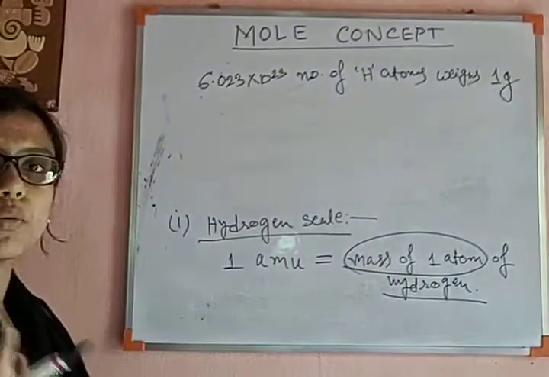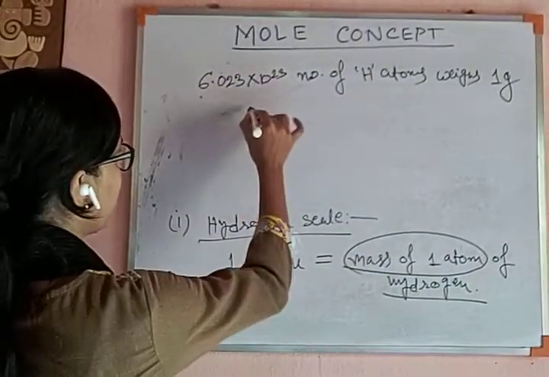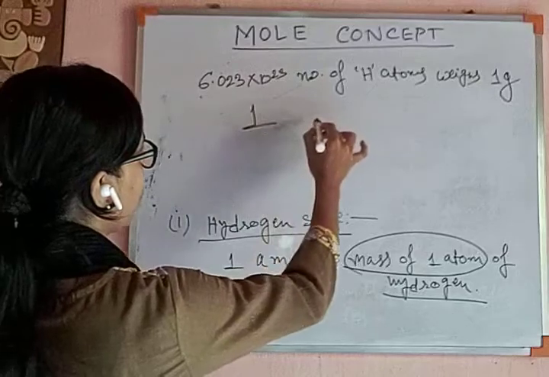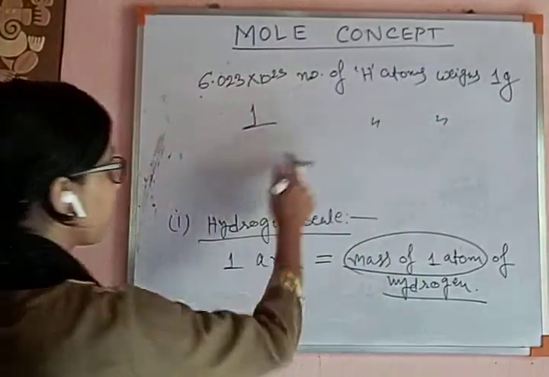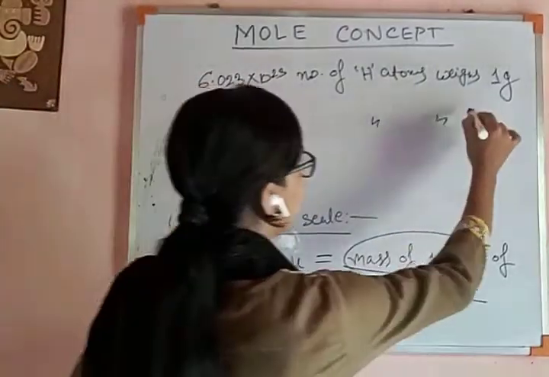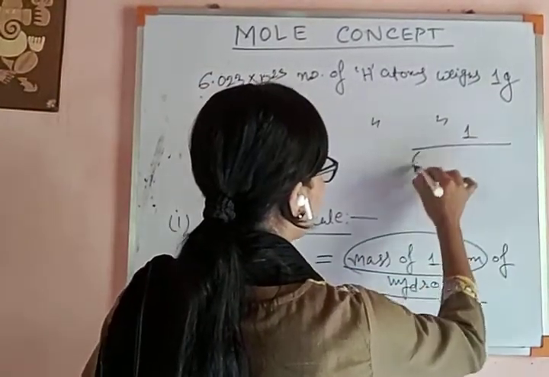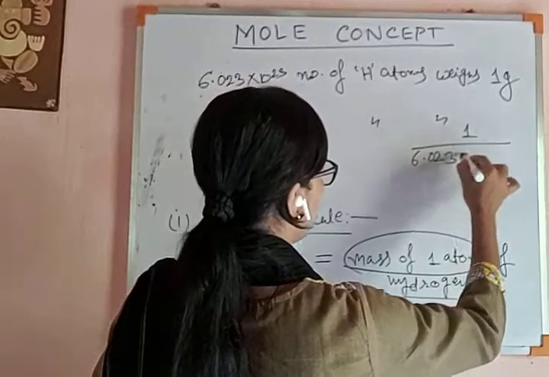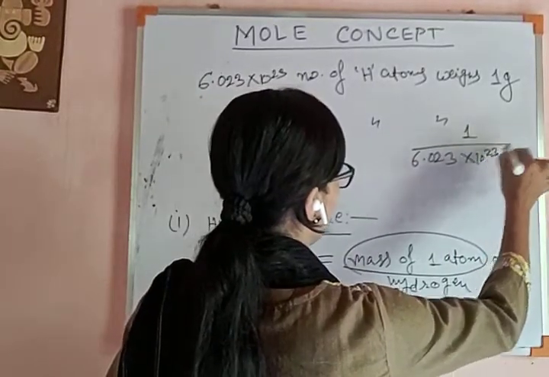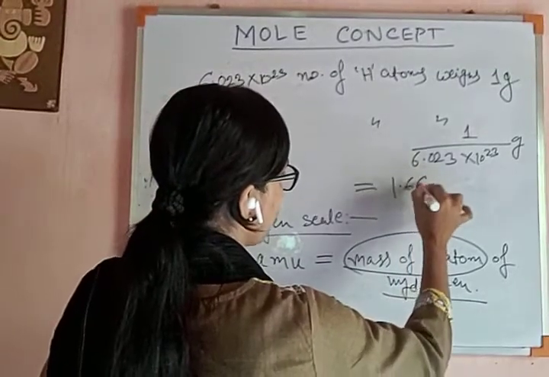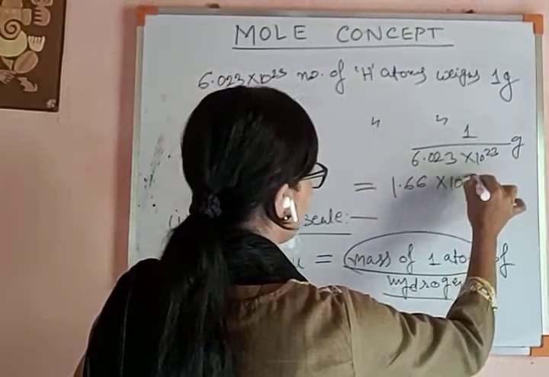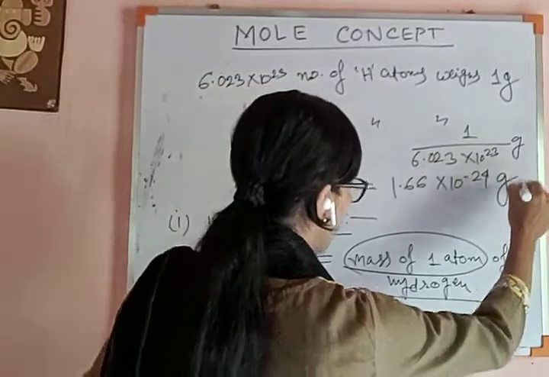So what will it be for 1 atom? We are finding the mass of 1 atom of hydrogen. This number of hydrogen atoms weighs 1 gram, so 1 hydrogen atom weighs 1 by 6.023 into 10 to the power 23 gram, and when calculated, it is found to be 1.66 into 10 to the power minus 24 gram.